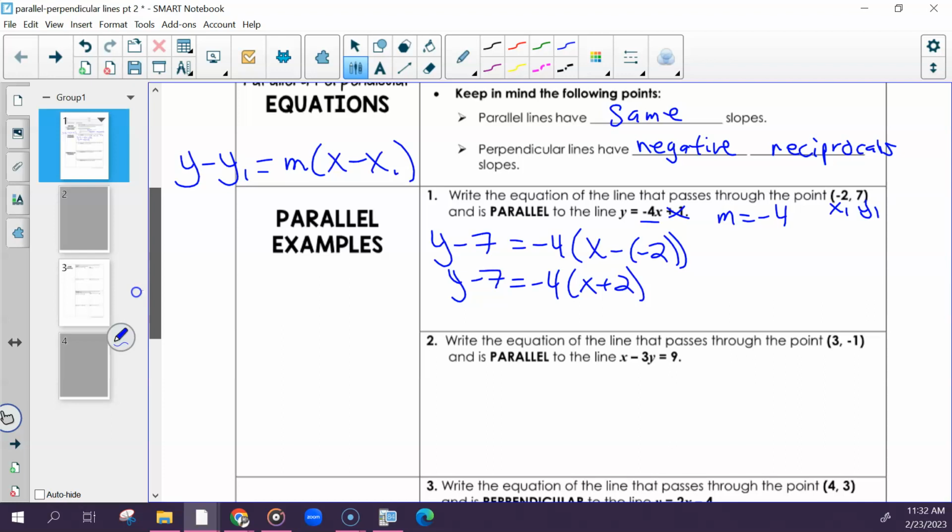Distribute. We have y minus 7 equals -4x minus 8. And then our last step: add 7 on both sides. We have y equals -4x minus 1.